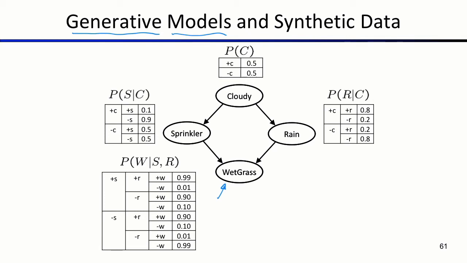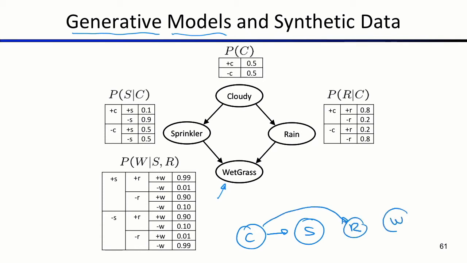For this graph, we can have a topological ordering like this. We can start with the node C that has no parents, and go to the node S, the sprinkler, and from here go to the node rain, and at the end we have the wet grass, which is going to be the final node.